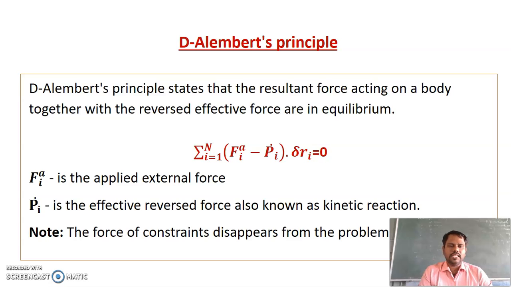Since the constraint forces have virtual displacement, consequently virtual work will be 0. Taking into consideration that the work done by the virtual displacement is equal to 0, the force acting on the ith particle will be equal to the external applied force.